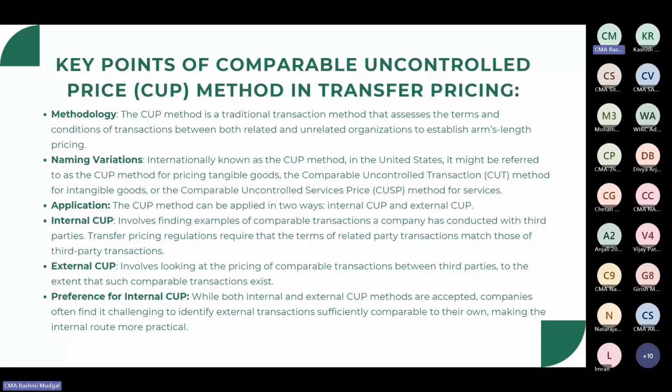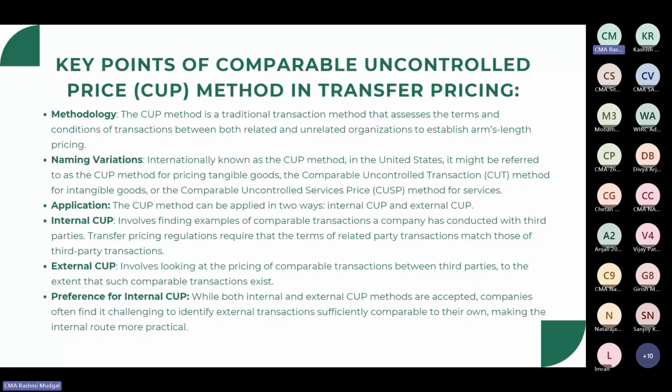Internal CUP involves finding examples of comparable transactions a company has conducted with a third party. Transaction pricing regulation requires that the terms of related transactions match those third party transactions. And what is the external CUP method? External CUP involves looking at the pricing of a comparable transaction between third parties, to the extent that such a comparable transaction exists. As long as it exists, we can compare it.